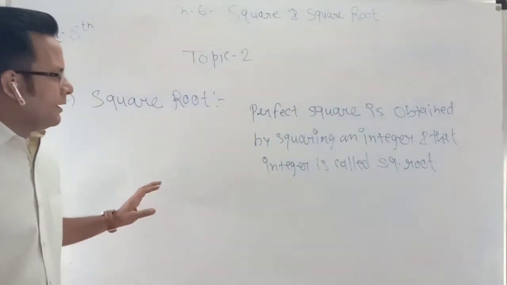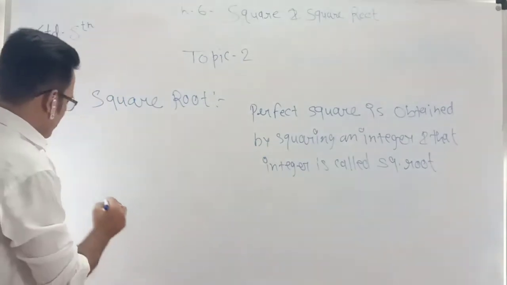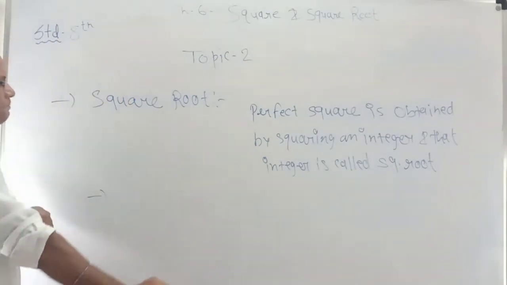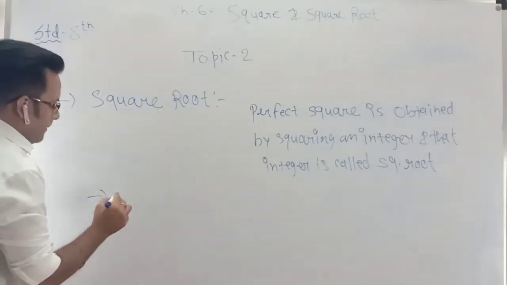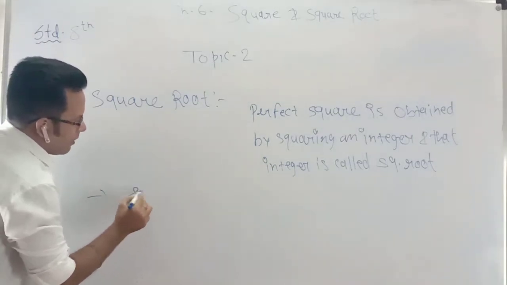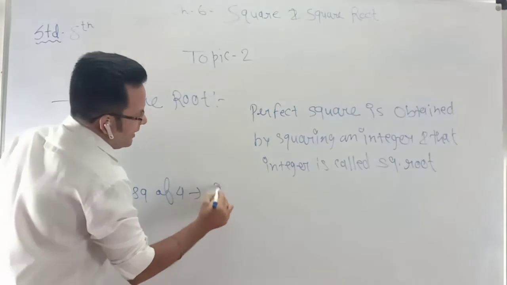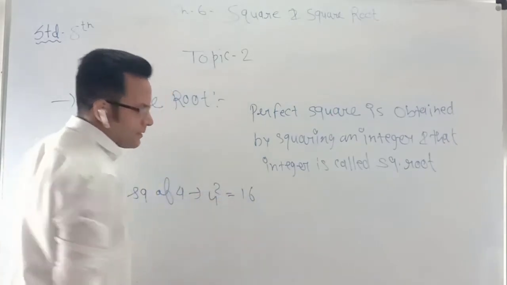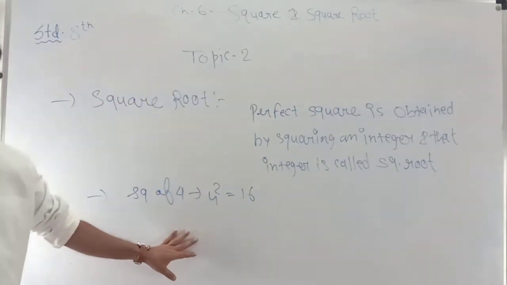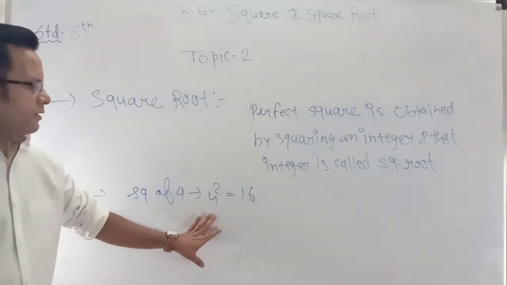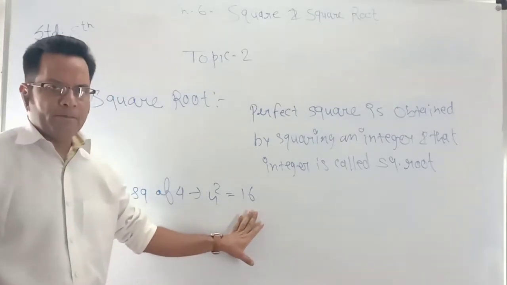Now here I give you some examples. Suppose the square of 4, it means 4 square is 16, right? If you understand this properly, 4 square is 16.